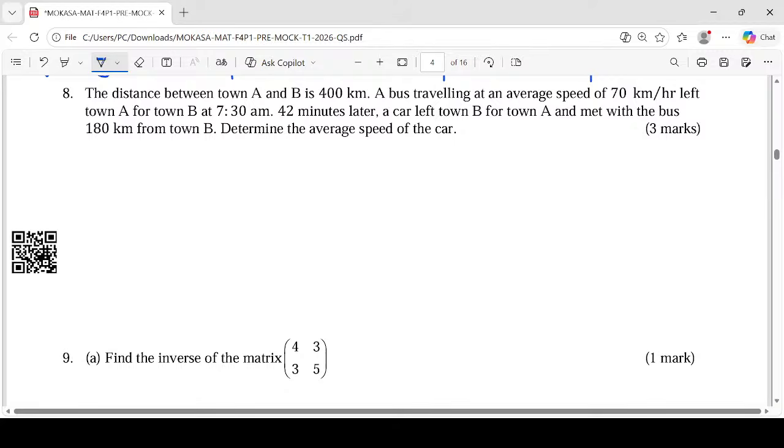This is a Form 2 question from linear motion.